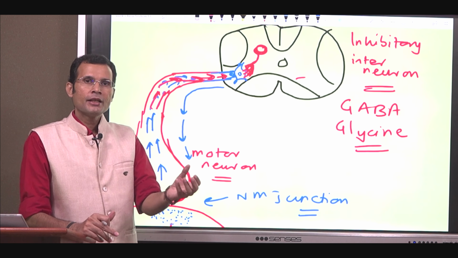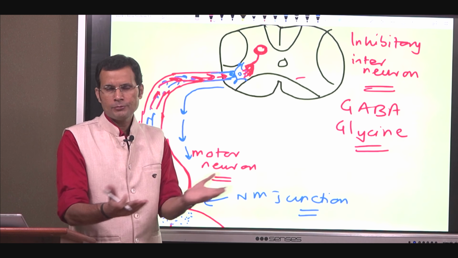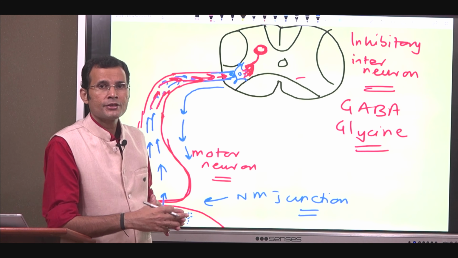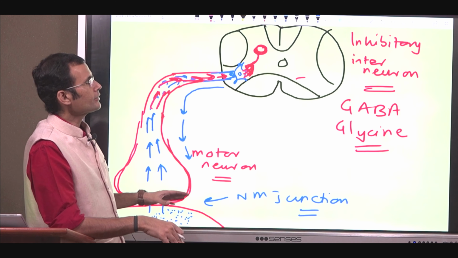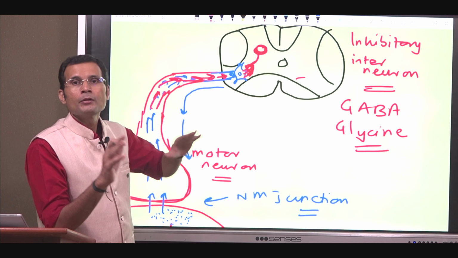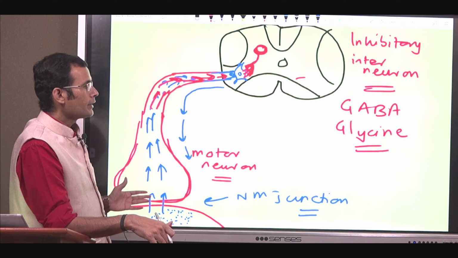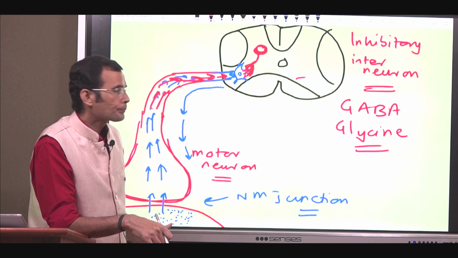That gets manifested in the various manifestations which I mentioned just now, the lockjaw, the laryngospasm, and so on. So that's the mechanism of action of tetanus bacillus.